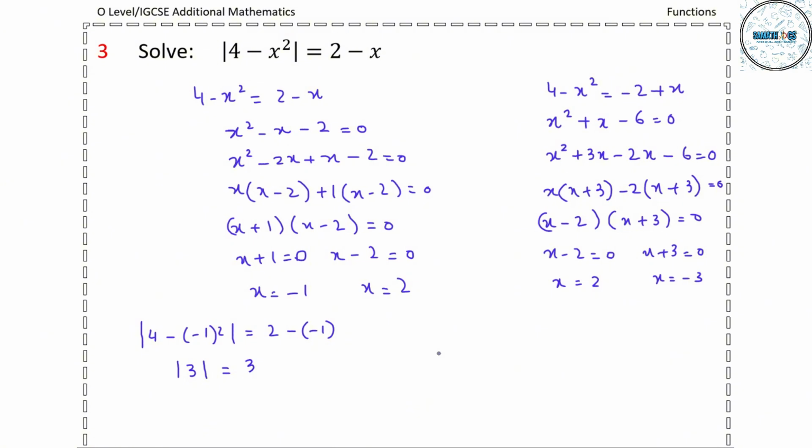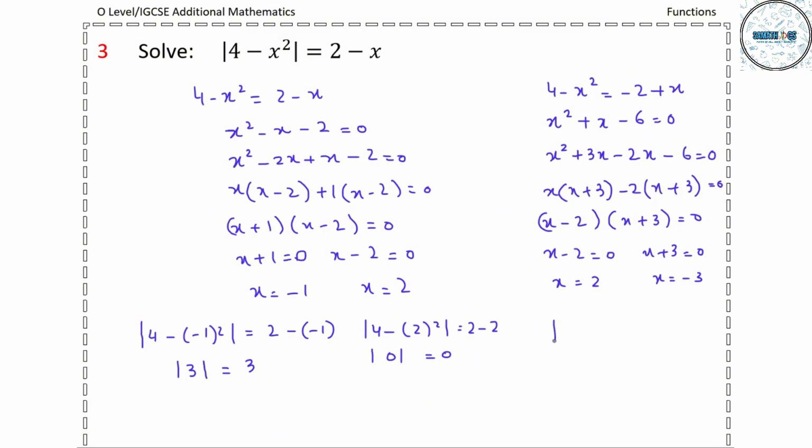So it is satisfying the equation. Another time, we have 4 minus 2 squared is equal to 2 minus 2. So 4 minus 4 is 0 here, is equal to 0. So absolute of 0 is equal to 0.